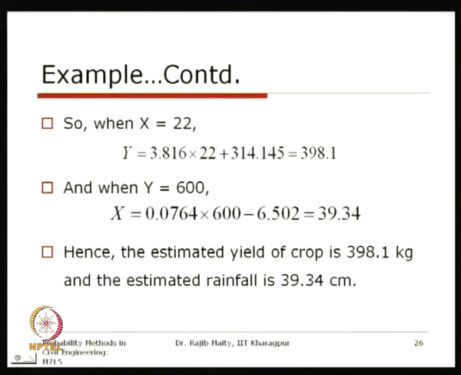So, in this lecture, including the last lecture, we have discussed regression, different regression techniques, including simple linear regression, multiple linear regression, and nonlinear regression, and how we can estimate in terms of correlation.